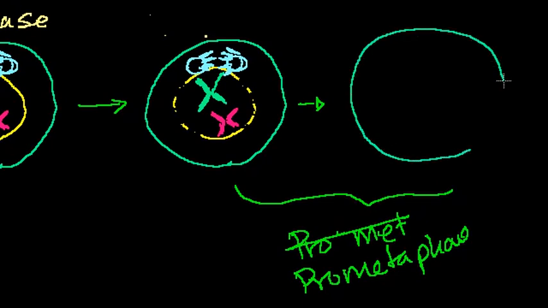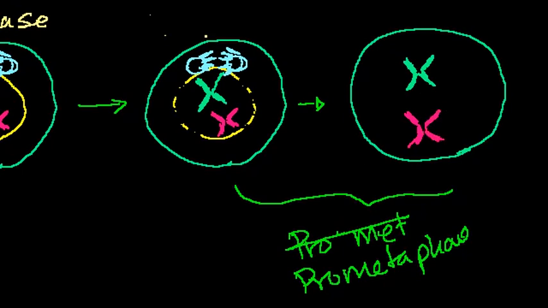You have your overall cell. The nuclear envelope has disassembled, so to some degree it doesn't exist anymore, although the proteins that formed it are still there, and they're going to be used later on. And you have your chromosomes. In a human's case, you would have 46 of them. Each is made of two sister chromatids.